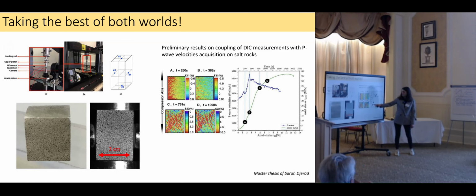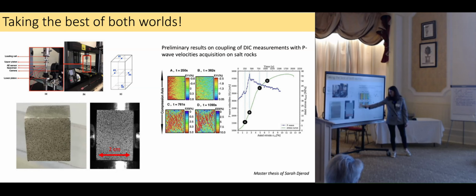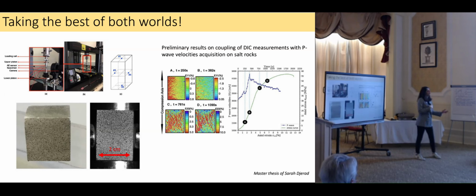We have different phases in the localization of the deformation that we looked at. There is a problem of parallelism, but we see the localization quite late on the surface of the sample, and prior to that a drop in the velocities, represented in blue. So we try to combine those two in order to quantify the loss of velocity with the mechanisms that we observe with the digital image correlation.